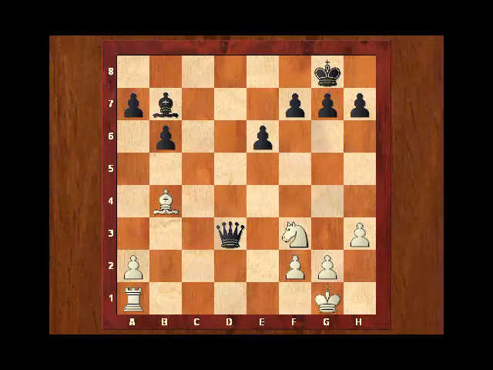Okay. Now, there are 7 areas that we distinguish from each other, where the positions can differ from each other and where there can be so-called imbalances. Now, the first area is material imbalances. The second area is king safety.